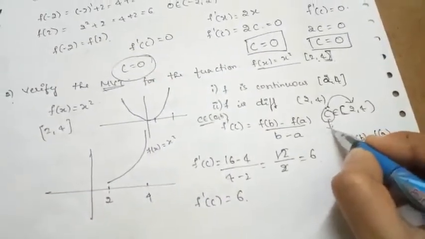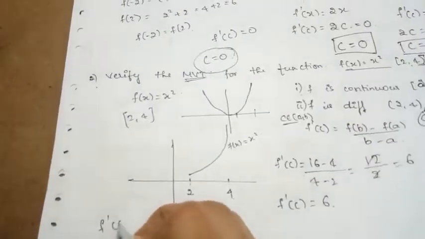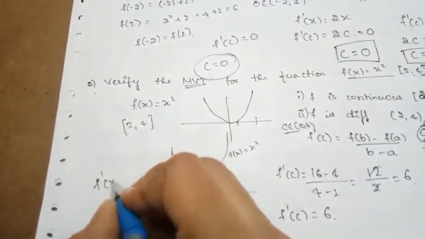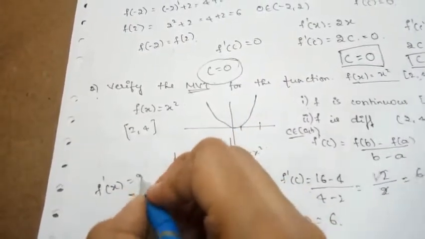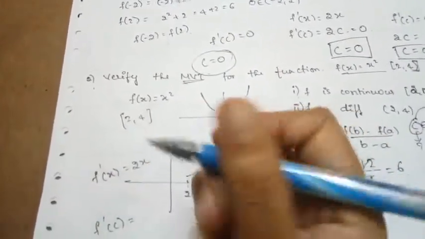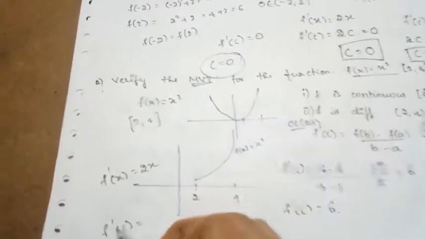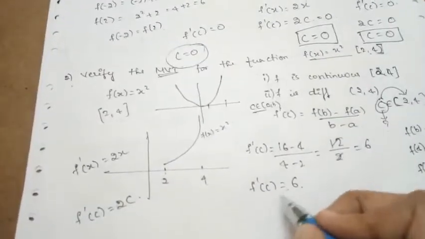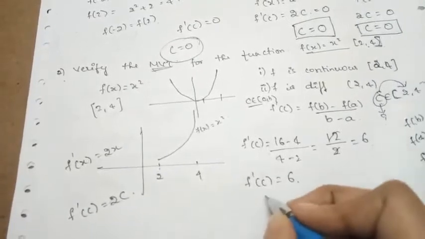But what we needed to find here is c. To get c, we know f dash of c, so let us differentiate f of x. The derivative of f of x is 2x. So f dash of x is 2x, and f dash of c is nothing but 2c. But we got f dash of c equal to 6. So 2c is equal to 6.